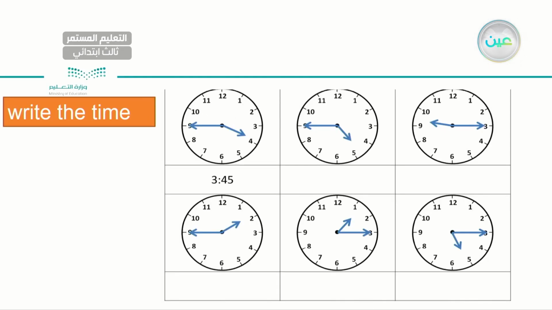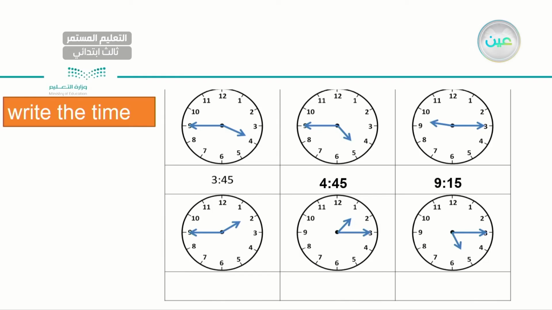Now let's write the time. Here I give you the clock, the hands of the clocks, but no time. The first one is an example. It's 3:45. Next one, what do you think? What time is it? It is 4:45. Very good. It is 4:45 or quarter to 5. Excellent. Next one, it is 9:15. Very good.